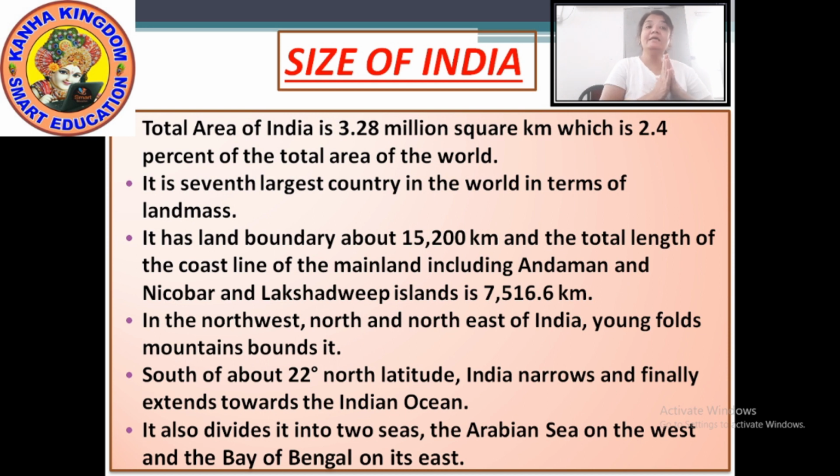India narrows and finally extends towards the Indian Ocean. We saw on the world map that a large part of the boundaries of India is in the Indian Ocean. So India narrows and finally extends towards the Indian Ocean.